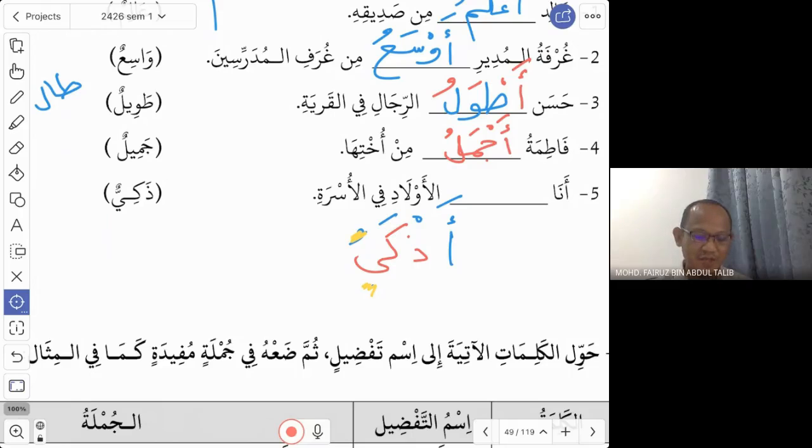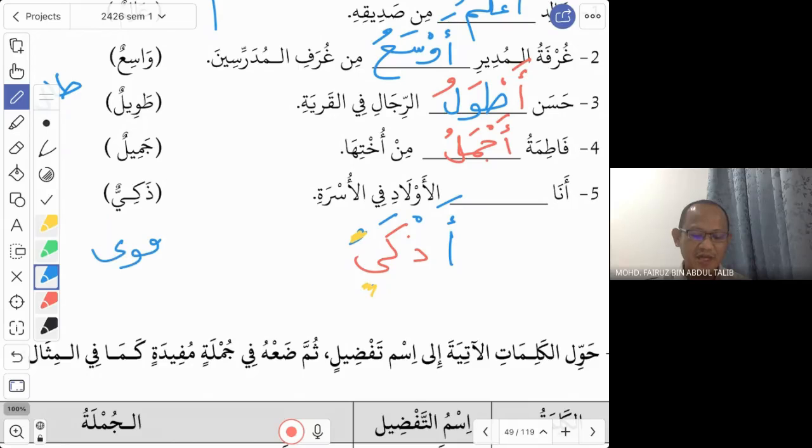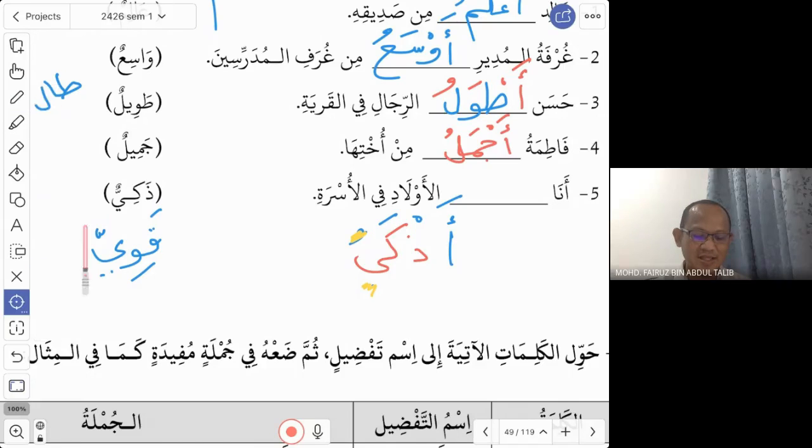Okay, I give you other words similar to this. Another word is kawi. If you look at the pattern, it is very similar: it has ya and the shadda at the end. Kawi is strong. How do you say stronger or the strongest person?